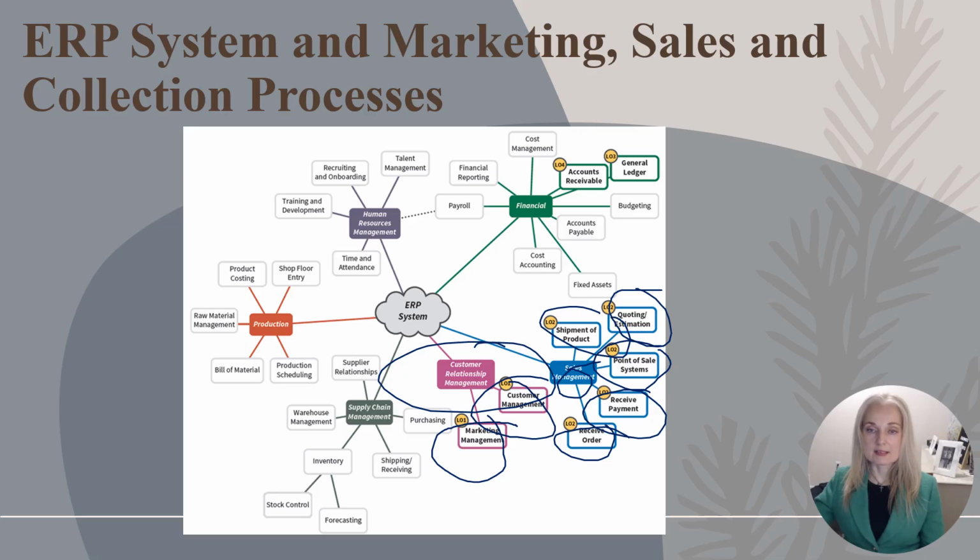And this gets put into our accounts receivable if we have credit sales, and our general ledger. So here we have a nice view of all the modules that are affected by these processes. And we always have inventory, as we talked about, because sales decrease inventory. And we have our supply chain management because of the shipping and receiving involved.